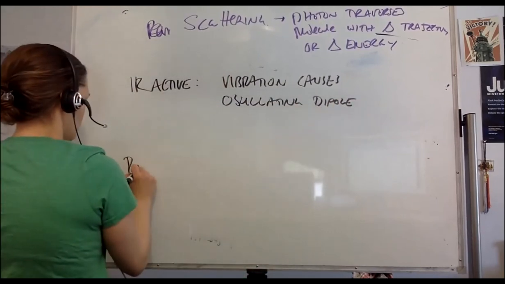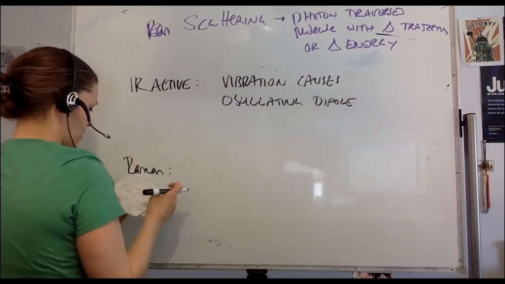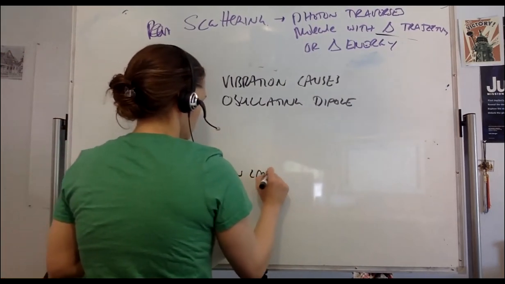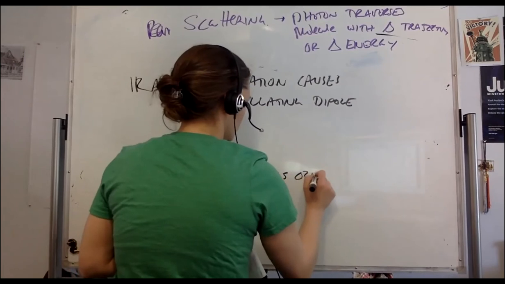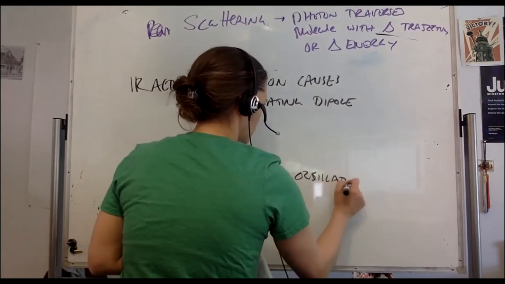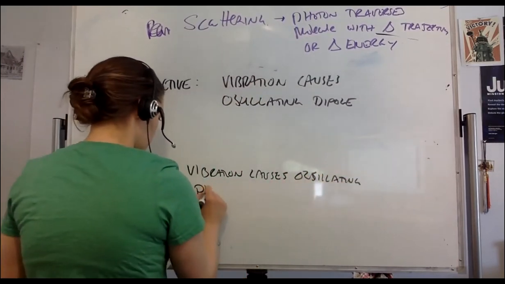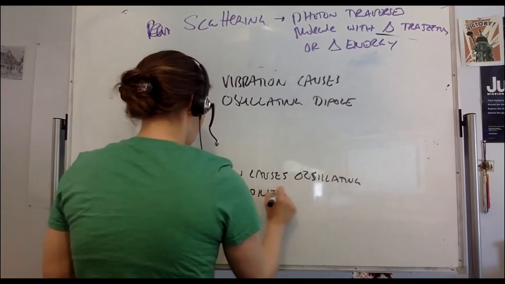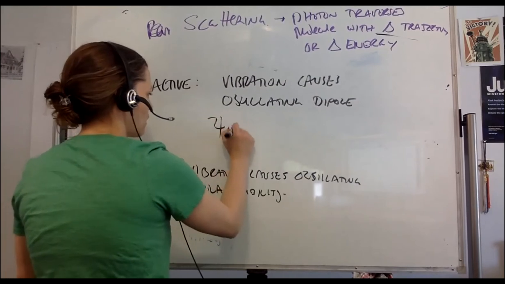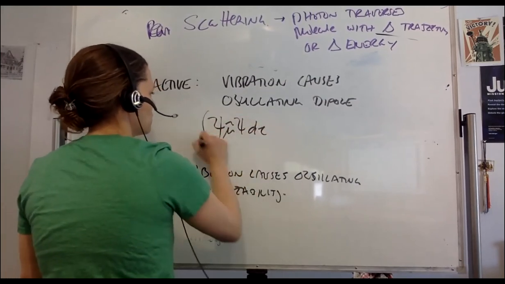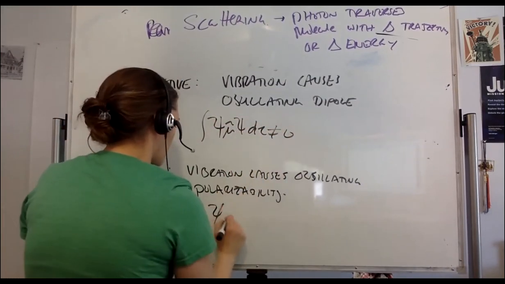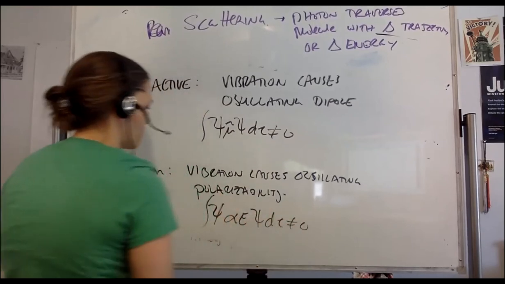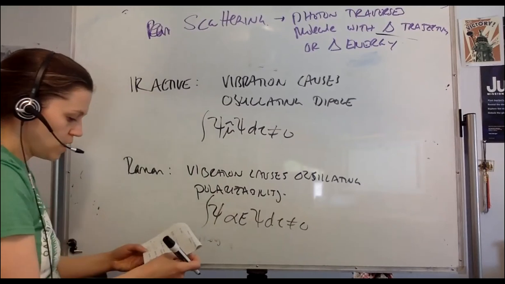And for Raman active: vibration causes oscillating polarizability. And again, integral of psi mu psi d tau not equal to 0, integral of psi alpha psi d tau not equal to 0. Go team.